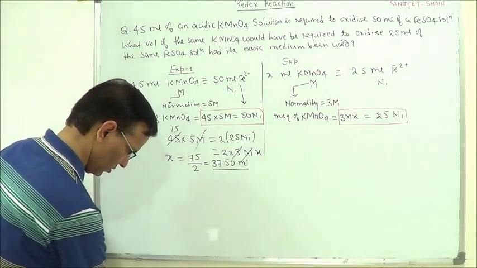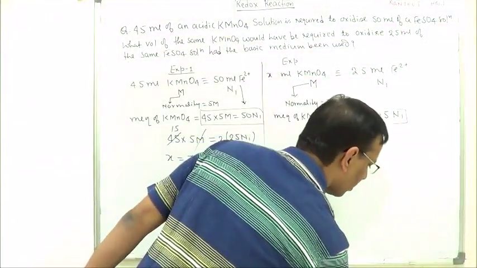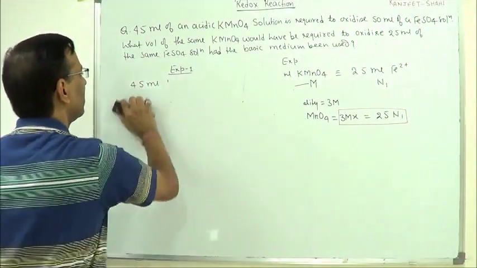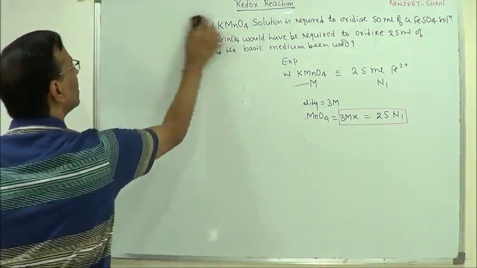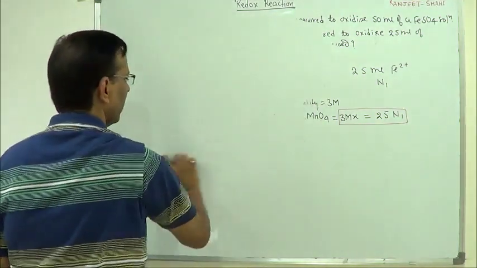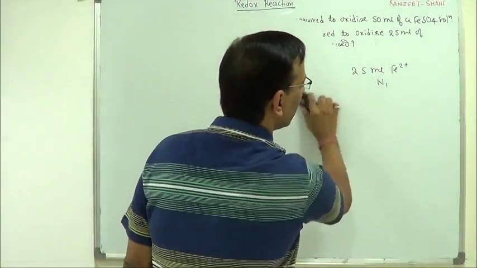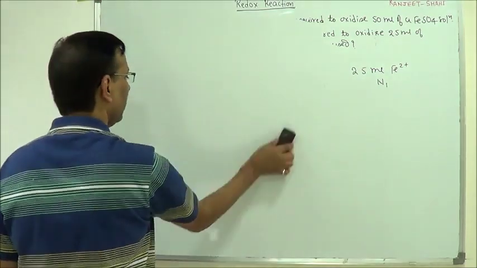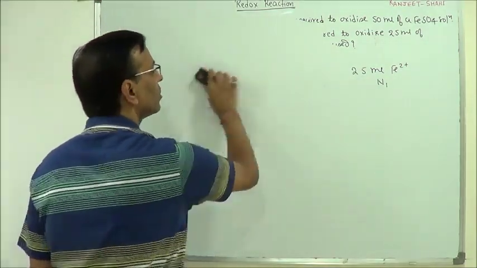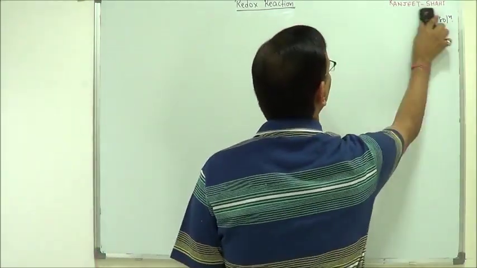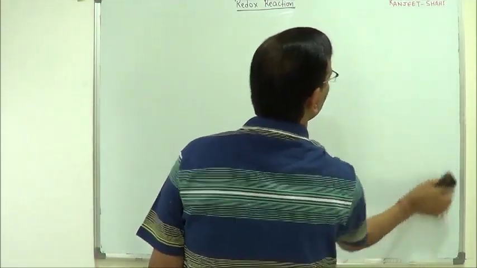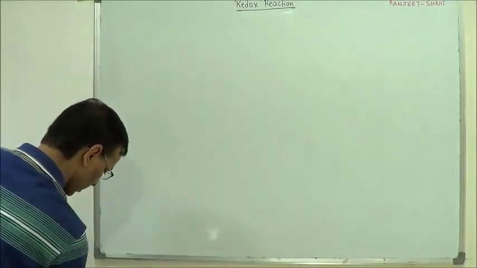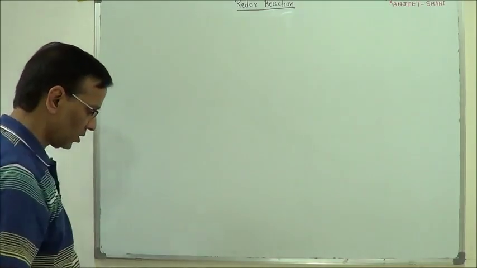Now proceed with this redox titration with more examples so that we can get confidence about redox reaction and redox titration. Ultimately, the more you practice, the more you learn in this redox reaction, and today we are doing the ultimate part of this redox reaction chapter, which is redox titration.